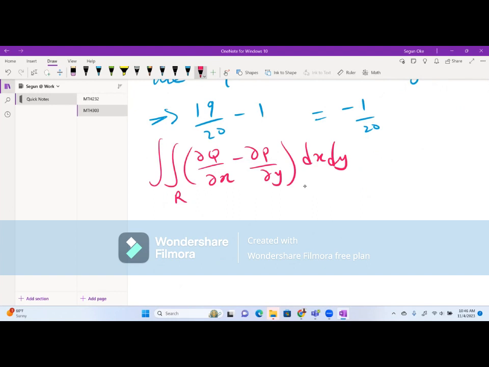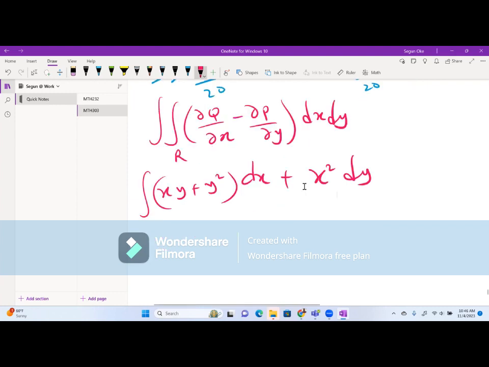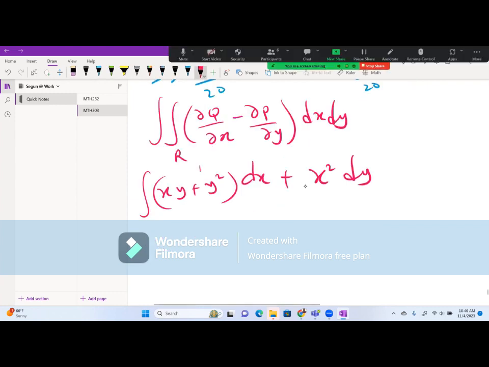What is our P? Remember, the integral says xy plus y squared dx plus x squared dy. So we need to know, this is our P, this is our Q.